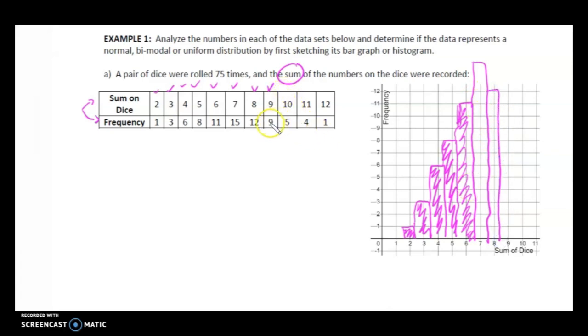And 9 is 9 and 10 is 5. Then 11 is 4, and then 12 is 1.